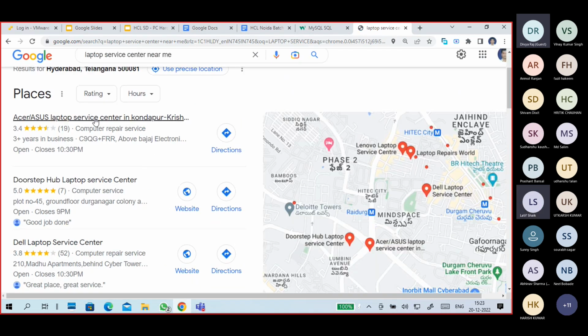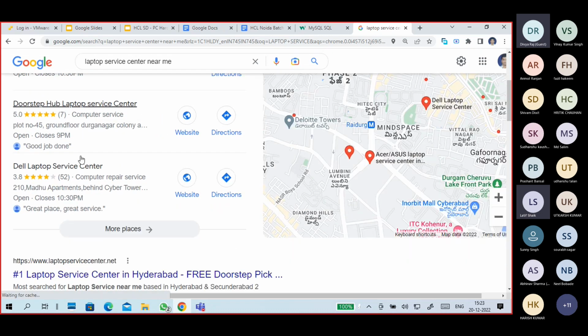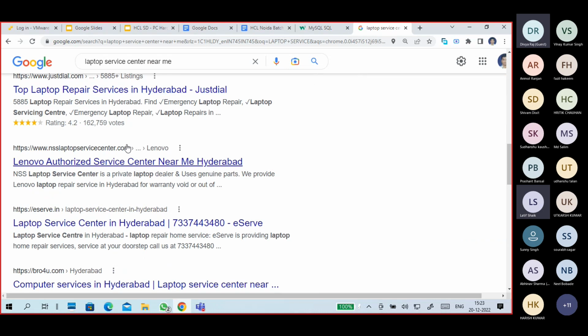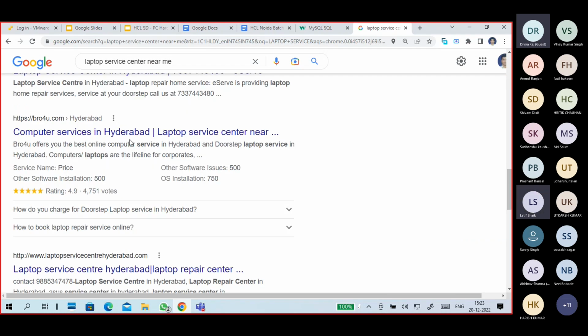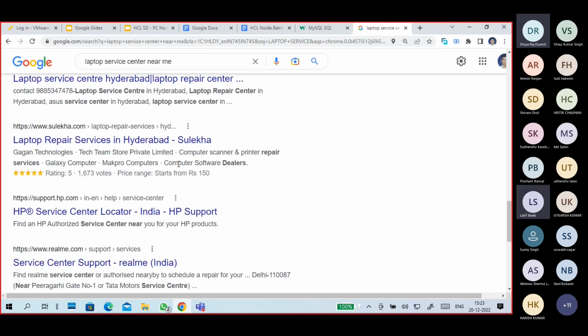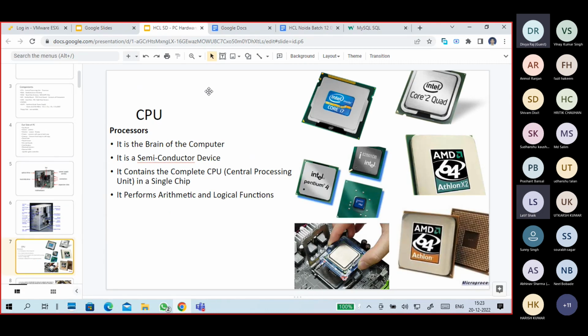This is a company authorized laptop center like this. So yeah, you can go to this one also. There are a lot of laptop centers, but you have to check properly or go through some references.